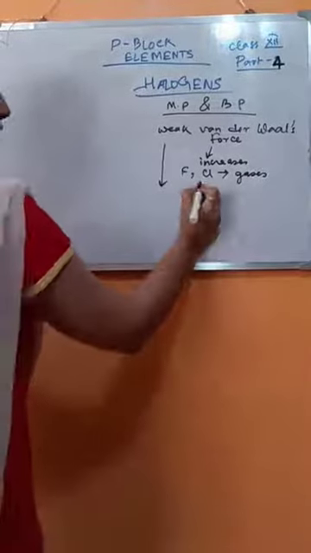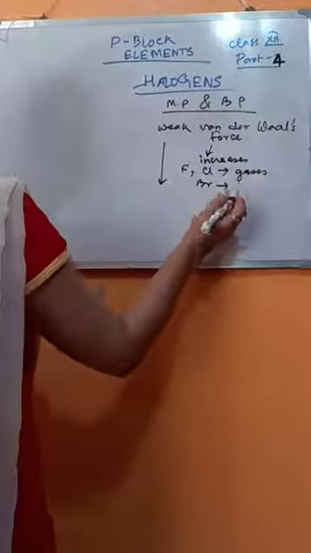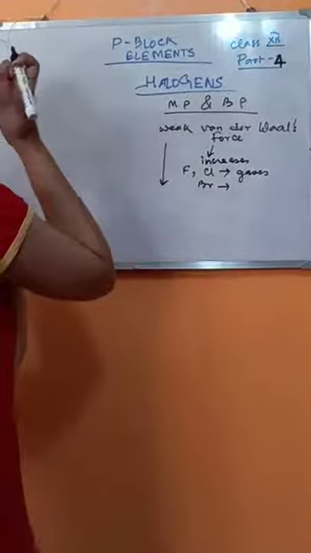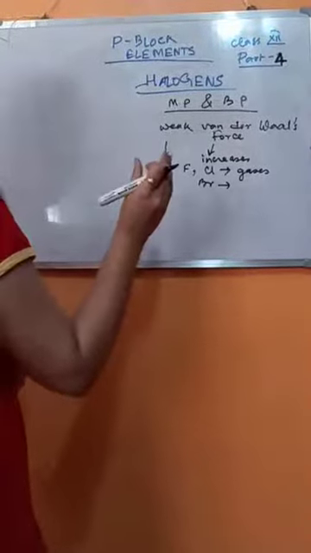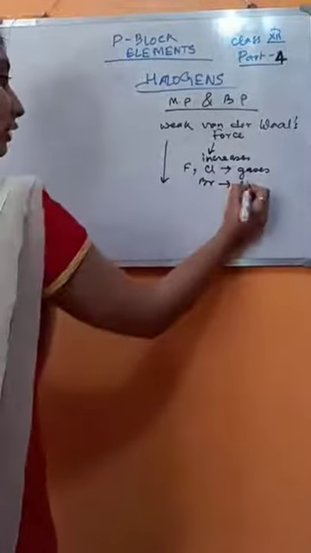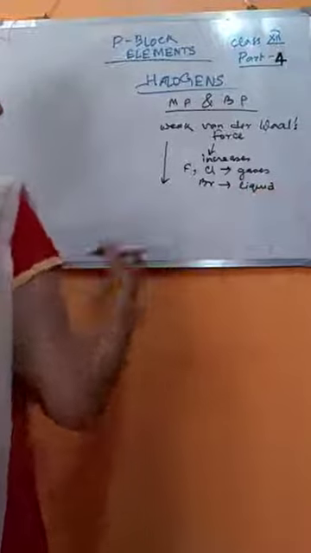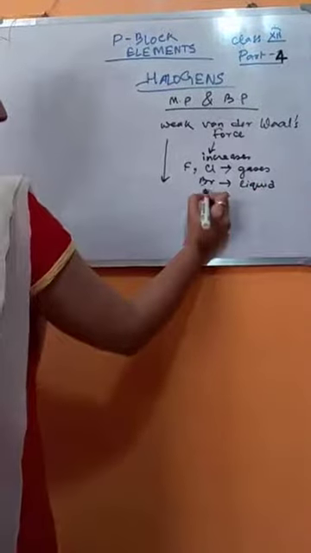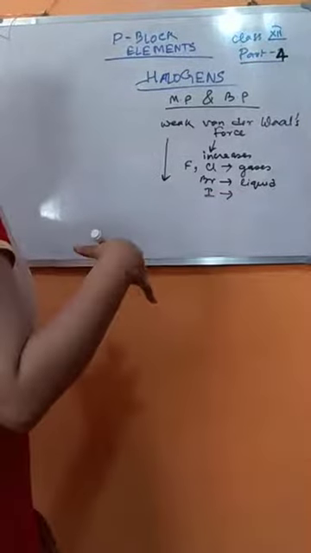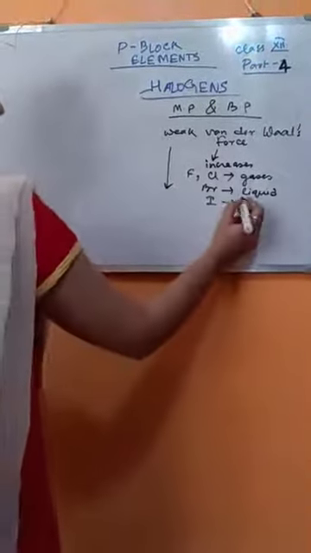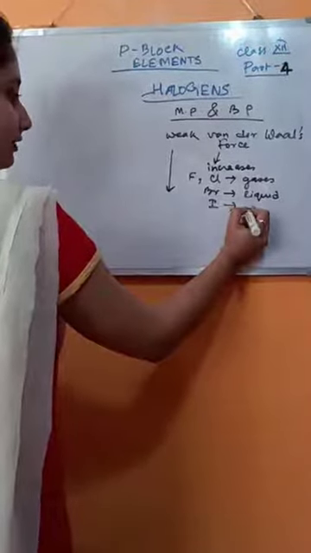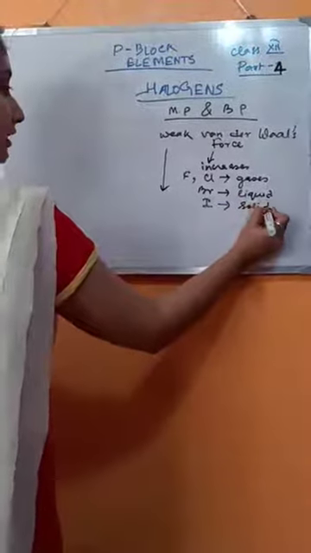But as we move down to bromine, the van der Waals force increases as we move down the group. So it increases and it will keep the atoms closer. So bromine is a liquid. And in case of iodine, the van der Waals force is strong. So the atoms are much closer to each other. As a result, iodine is a solid.